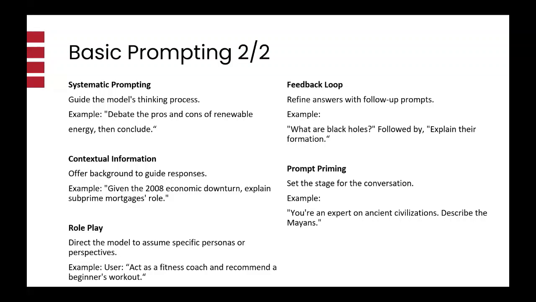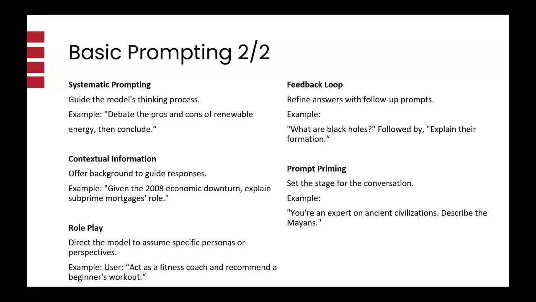Then feedback loop. Actually, we have already discussed that. Refine the answers with follow-up prompts. So you can ask follow-up questions. The AI would remember your previous questions. So if you start a new chat, it remembers all your chat prompts.